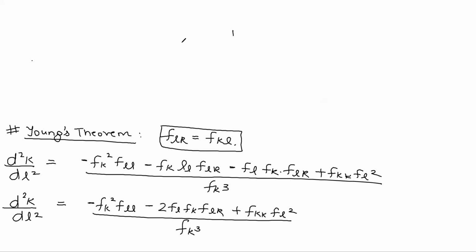Okay, so let's work this out. There is a tiny mistake again which we have made. This is going to have a positive sign. Fk square, this will be our d square k by dl square. Fk square into FLL minus 2 times FL Fk FLK plus FKK FL square upon Fk cube.